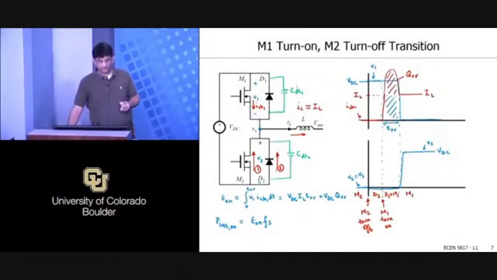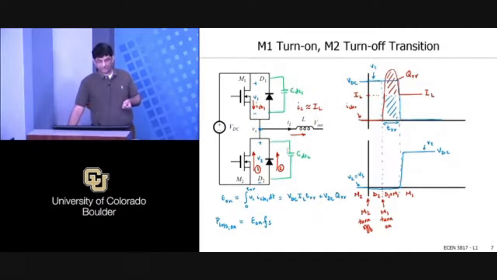You have this capacitor charged up to the full voltage. This capacitor is close to 0 voltage, in fact it's negatively charged. Now the current that goes through this M1 is, in addition to the current that was going to do the reverse recovery, the current that will flow because of the discharging of this capacitor. It also goes through the channel.